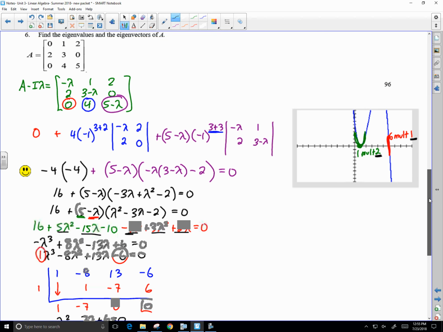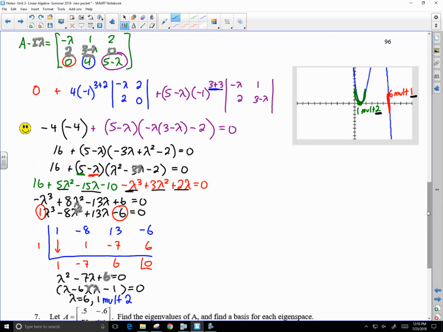All right, so I don't need that. I need my characteristic matrix. So we have to address each of these eigenvalues. We have 6 and we have 1. So A minus 6I times x equals 0.